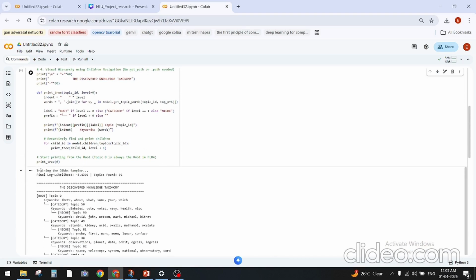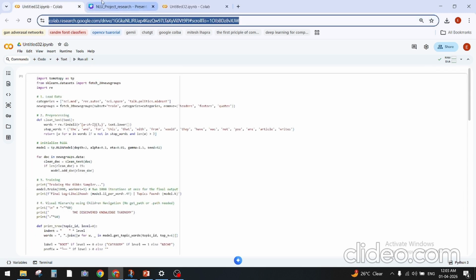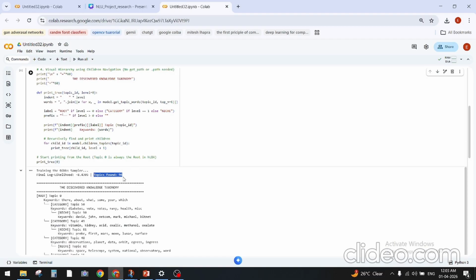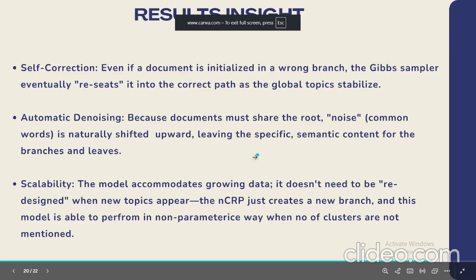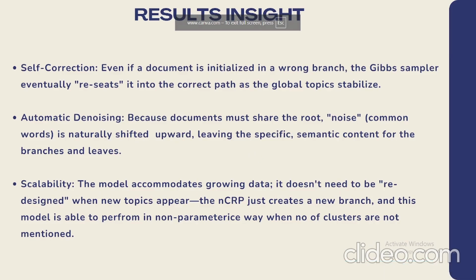The model itself understood that the number of topics was 96, while the log likelihood was minus 8.43. So the topics obtained were 96 after training the model. This was done by the model on its own.